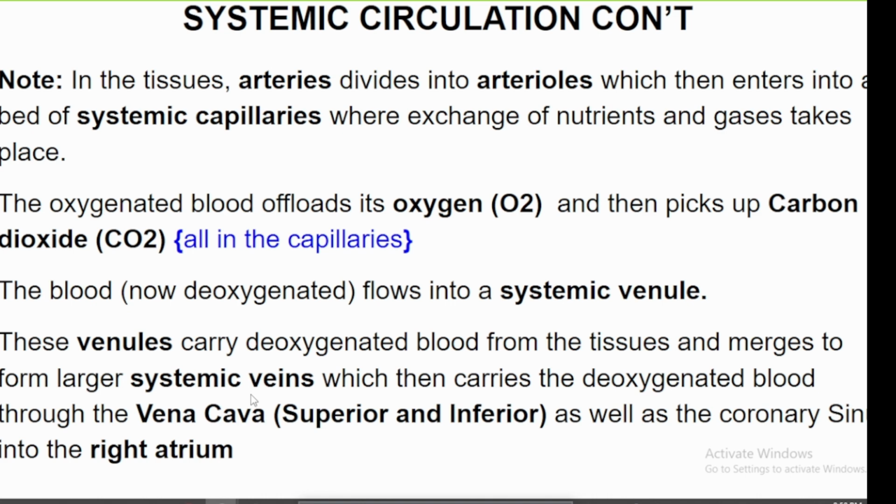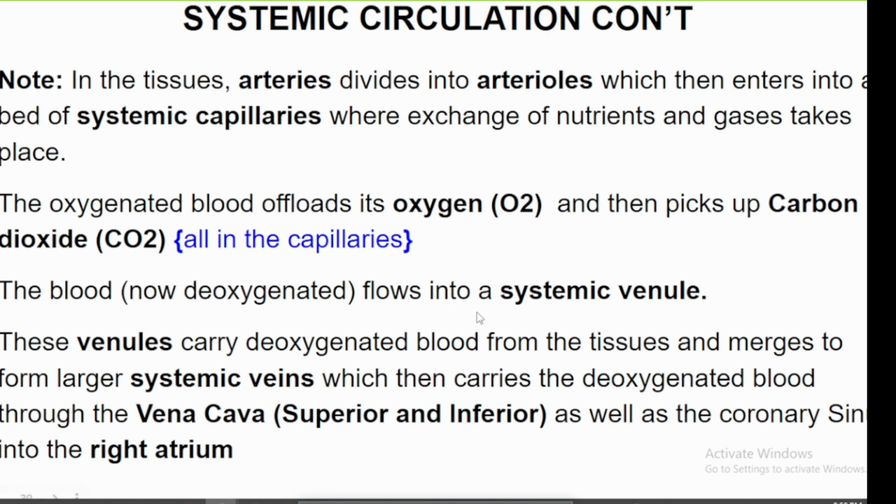So the thoracic aorta supplies oxygenated blood to all the areas in the thorax, that is in the chest wall, whereas the abdominal aorta supplies oxygenated blood to all the areas in the abdomen. Are we there? All right, so that is basically about the systemic circulation.